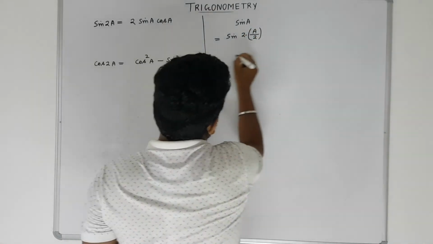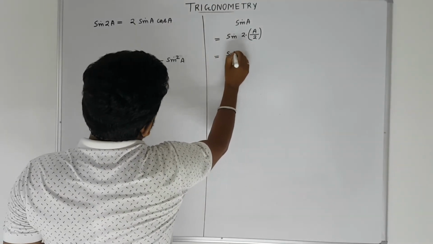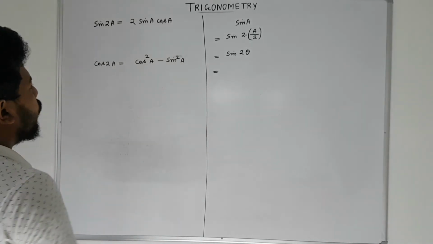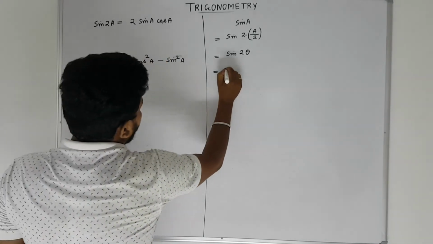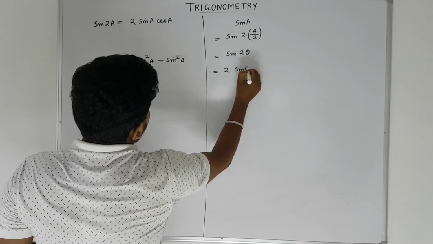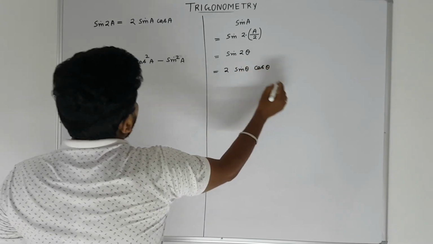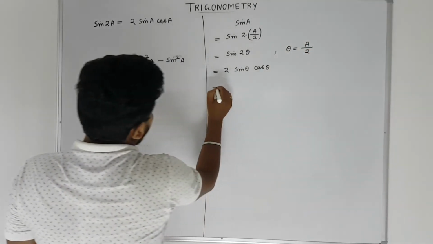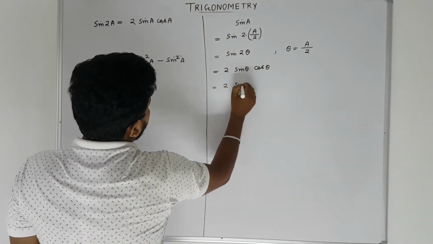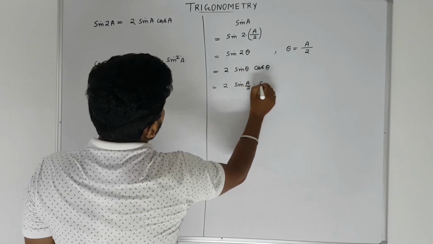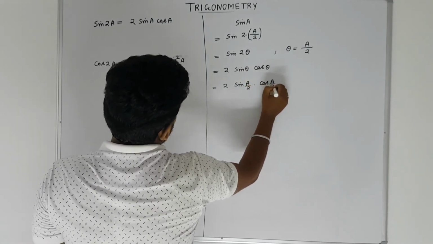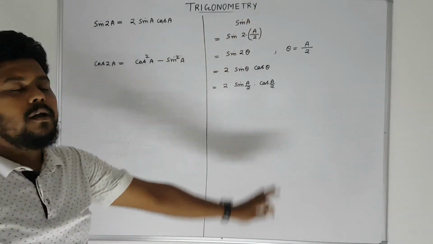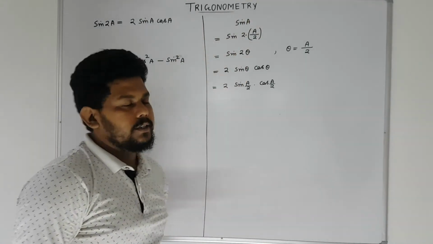Suppose this is your sin of twice theta. I can express it in terms of this formula: it will be twice sin theta into cos theta, where theta is A by 2. So it is equal to twice sin A by 2 into cos A by 2. So I can express sin A in terms of submultiple angles of trigonometric functions.